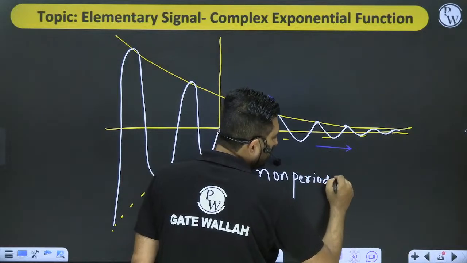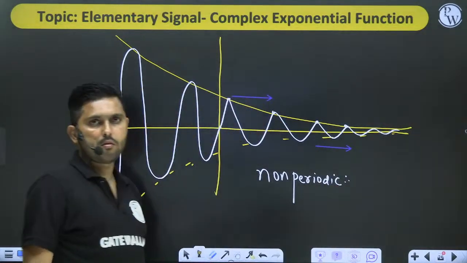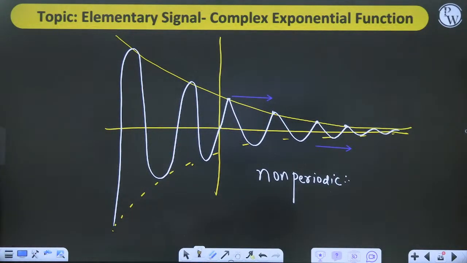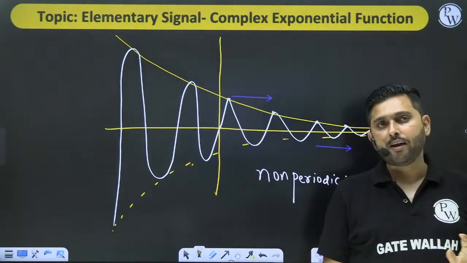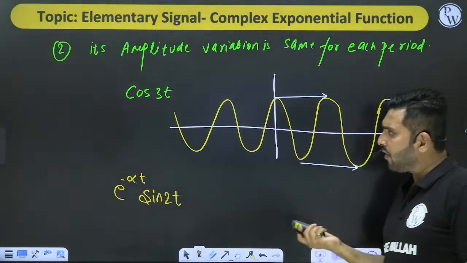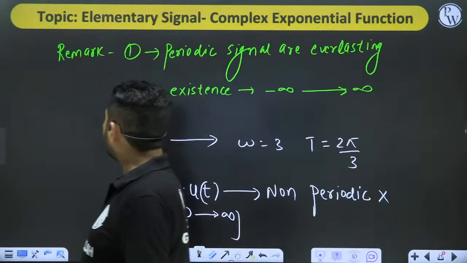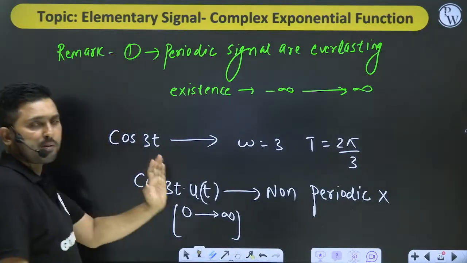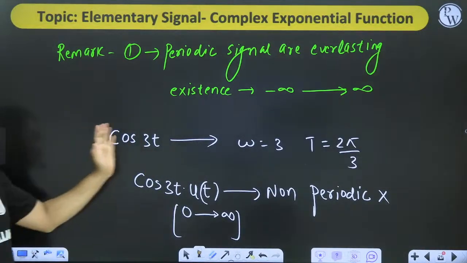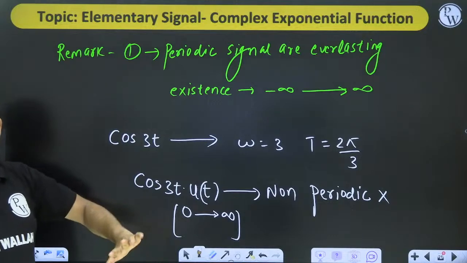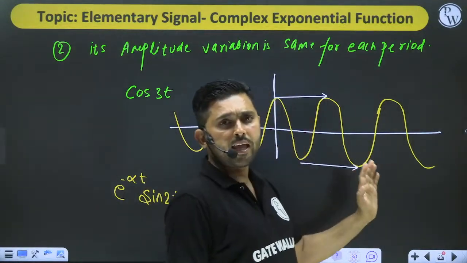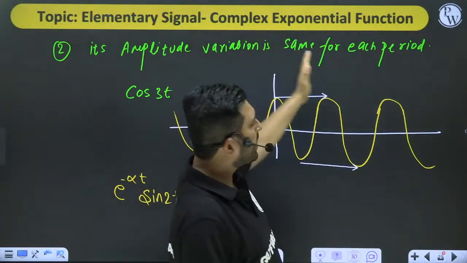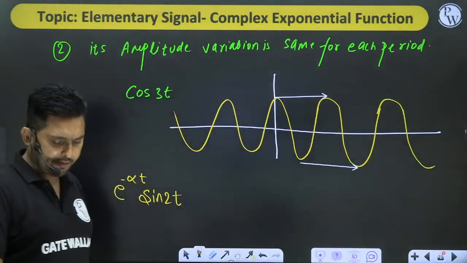So this function is purely a non-periodic function. The amplitude variation must be the same for each and every period. Okay, fine. So these are the two remarks you have to take care of. First, periodic signals must be everlasting in nature, so they should exist from minus infinity to plus infinity. And another thing is that the amplitude variation is the same for each and every period.